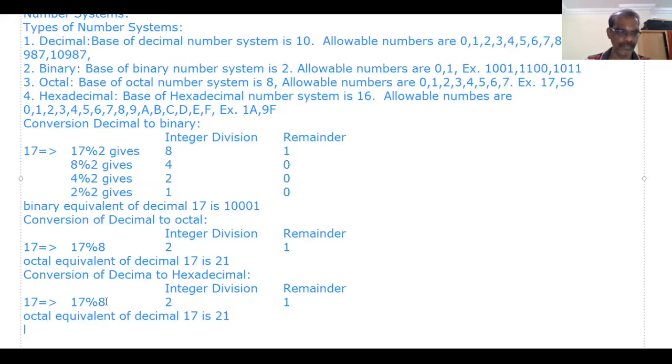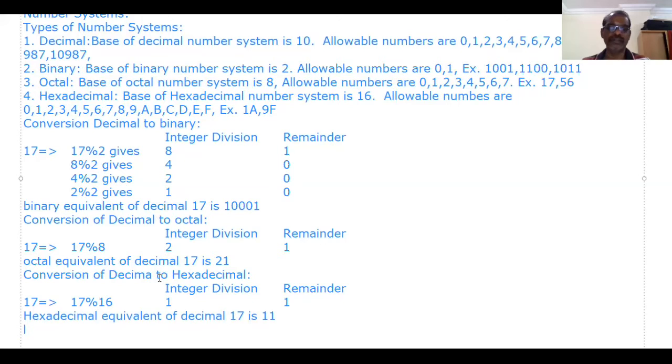Here we have 17, and the base of hexadecimal is 16. So 1 sixteen is 16, and the remainder will be 1. So the hexadecimal equivalent of decimal 17 is 11. That's all. This is not a binary number, this is a hexadecimal number.